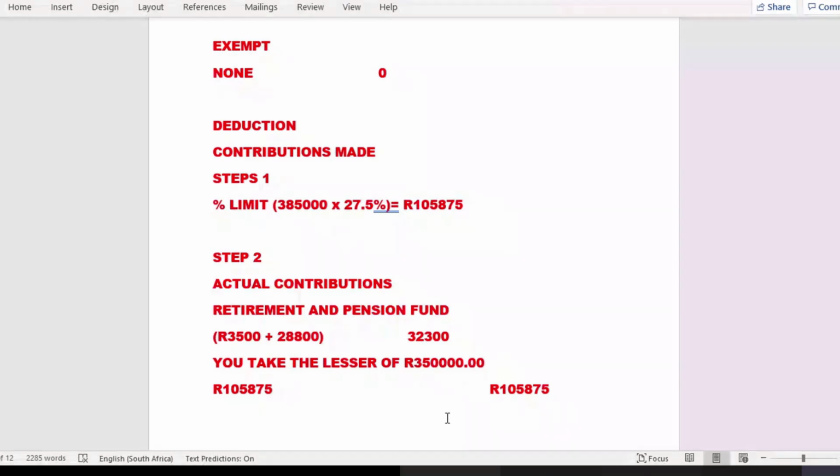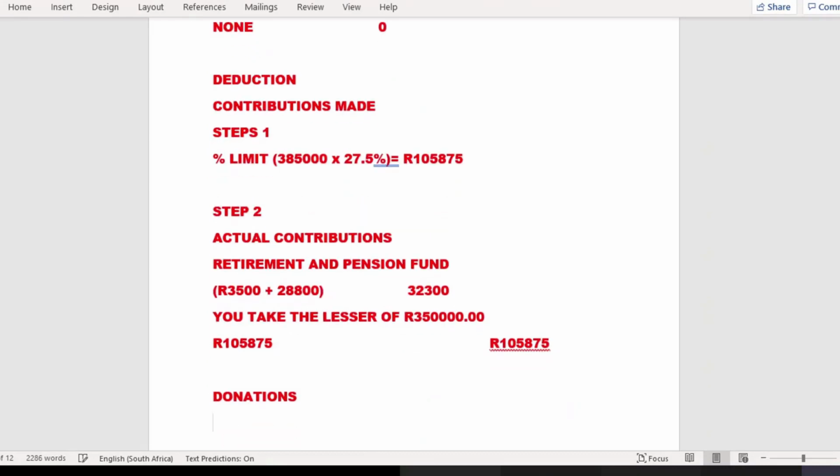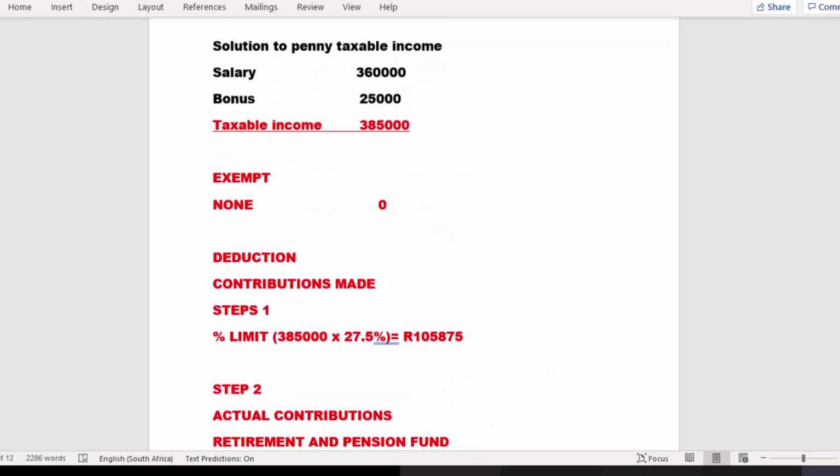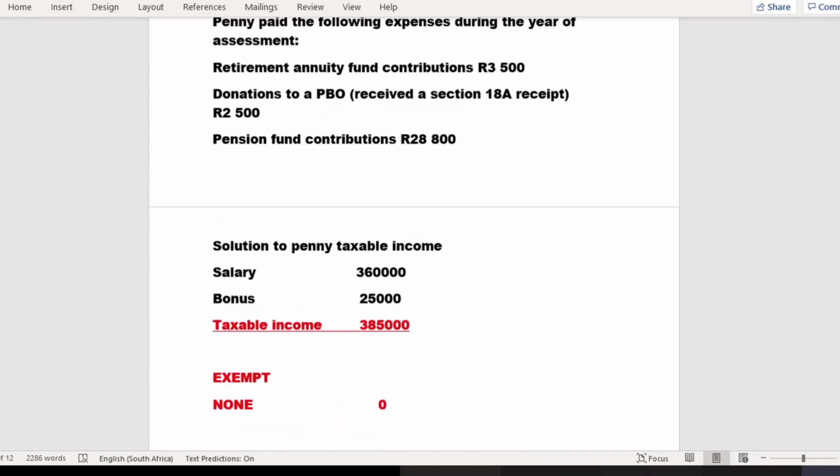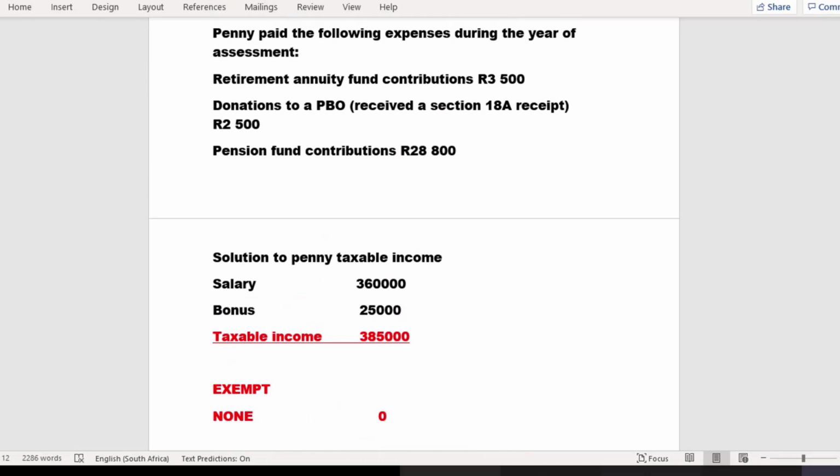Right, and then we're going to look at what's called the donations. So the donation made was an amount, that's the last item. So you're going to take donations. We are told that there's 2,500 rand of the donation that has been made to a PBO in terms of the section 18A receipt.